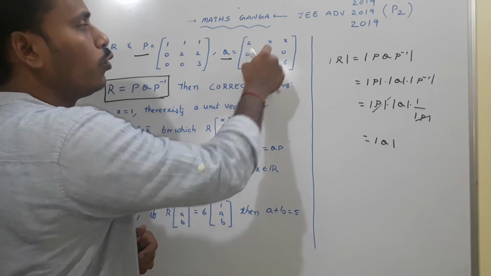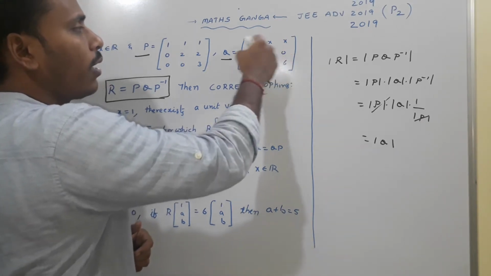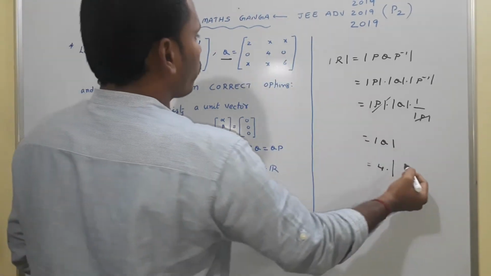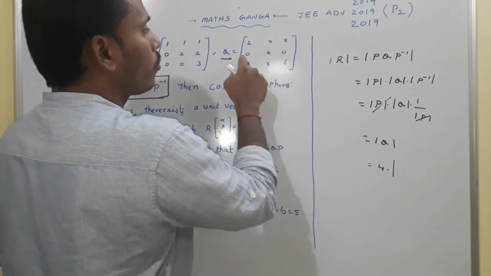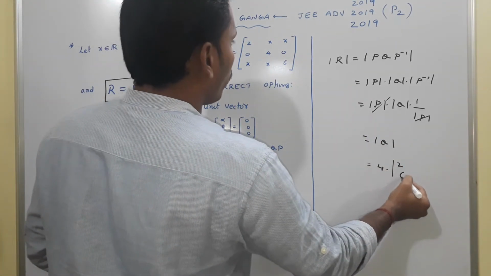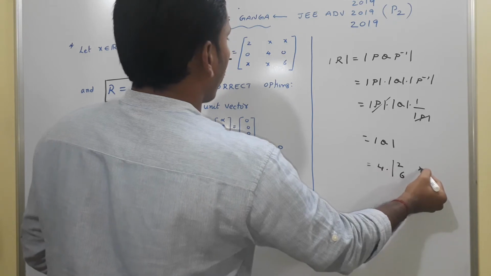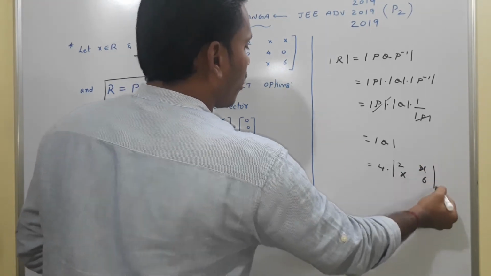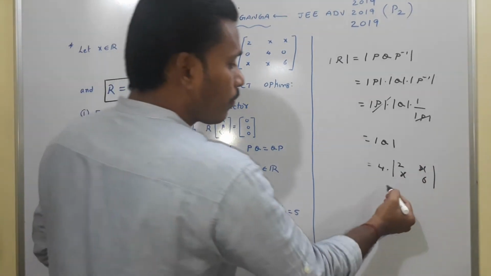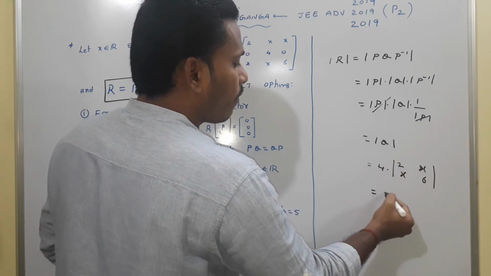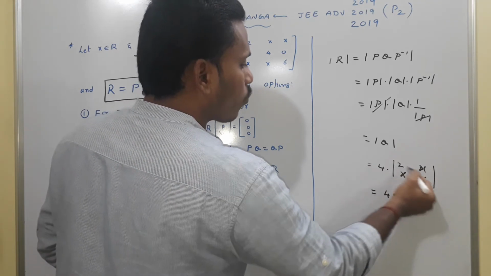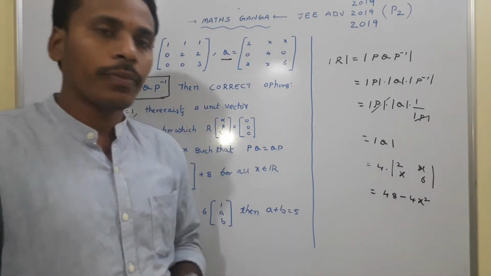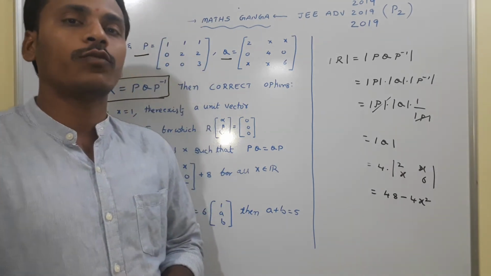So 4 into, leaving this row and column, the determinant of Q is 4 into the determinant of the matrix with rows 2, 6 and 2x, x, 6. Hmm, this is 2x, x and 6. That is 6 into 6, 12, minus x squared. When you multiply with 4, 4 times 12 is 48, minus 4x squared is the determinant of R. So I have the determinant of R as 48 minus 4x squared.